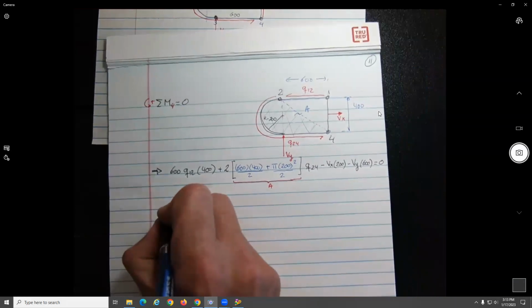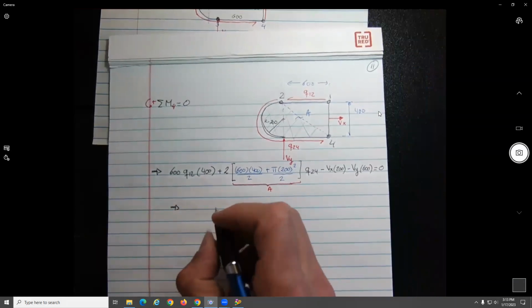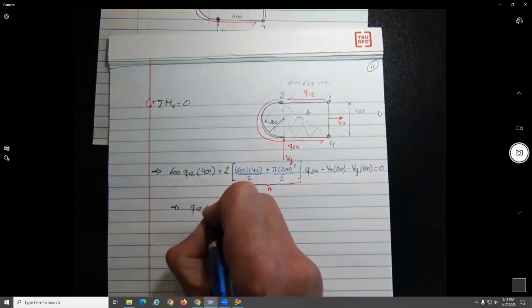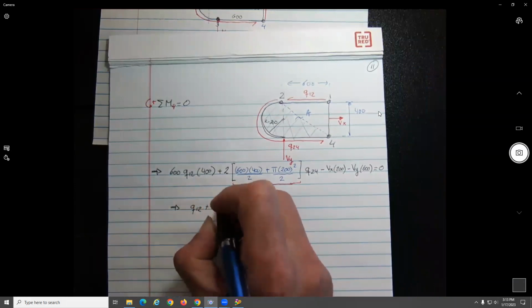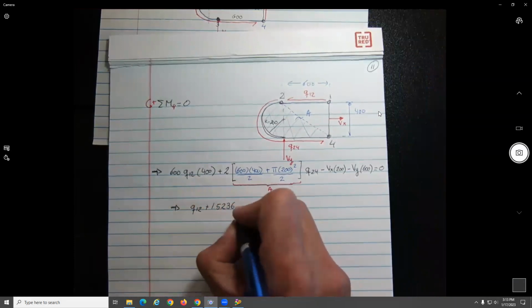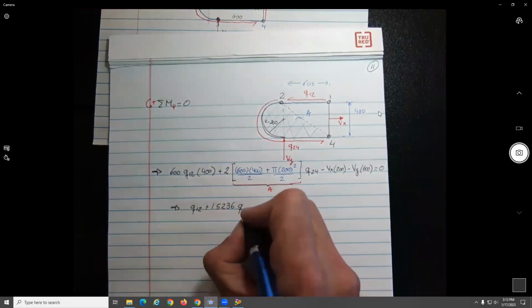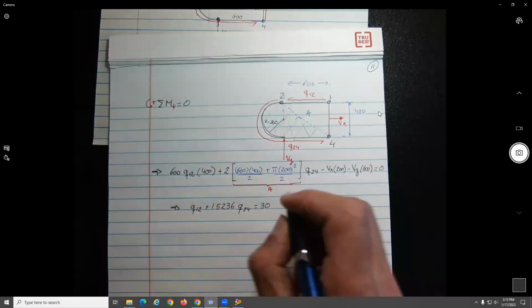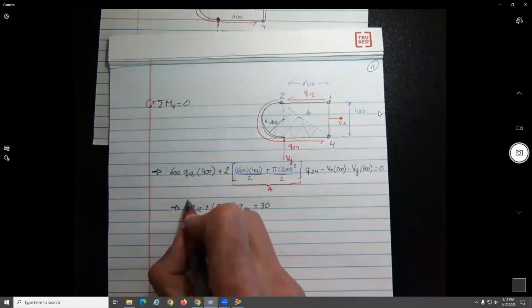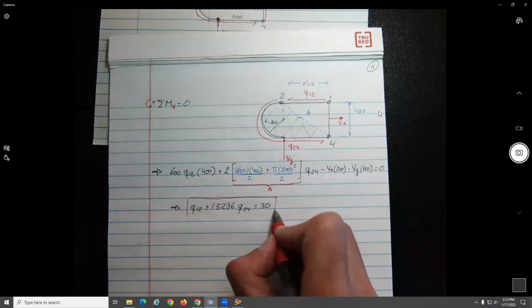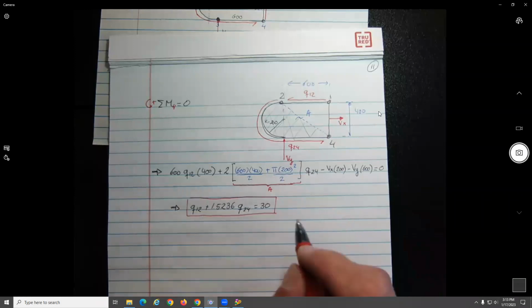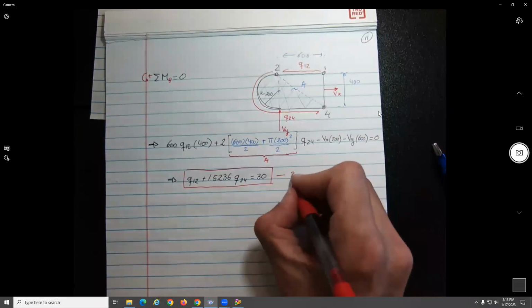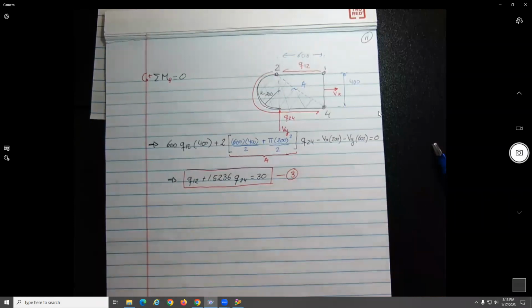You do the calculation for this. This is going to simplify to Q12 plus 1.5236 Q24 equal to 30. And this should be your equation 3.